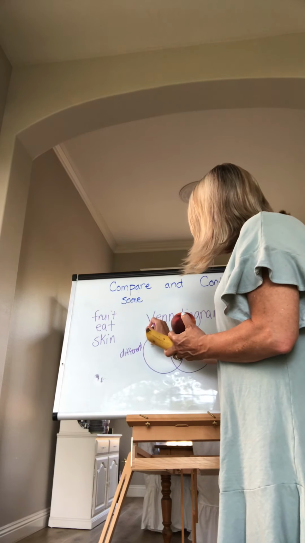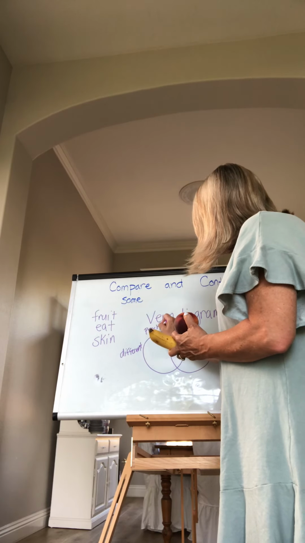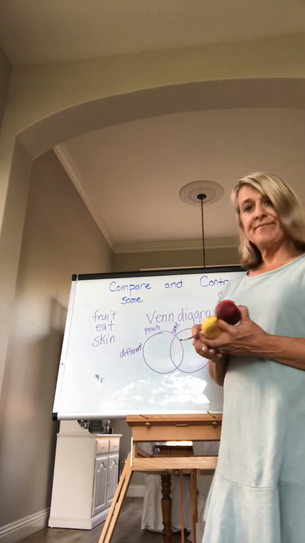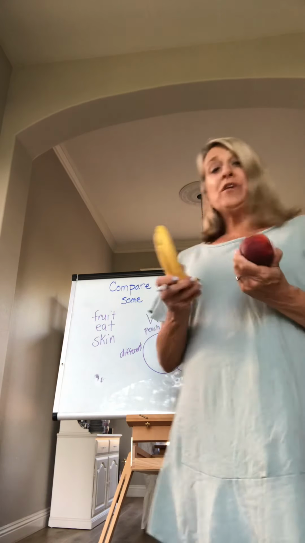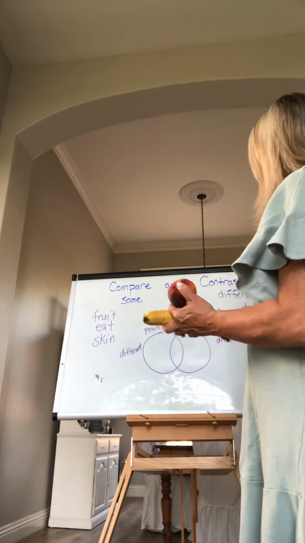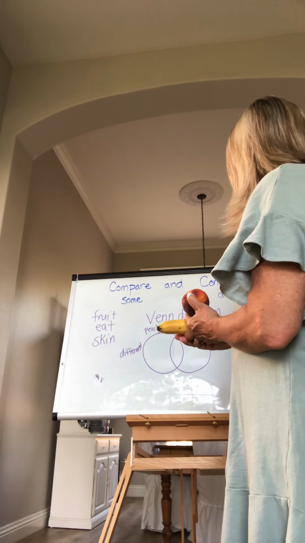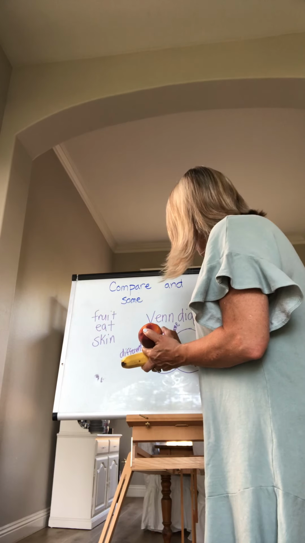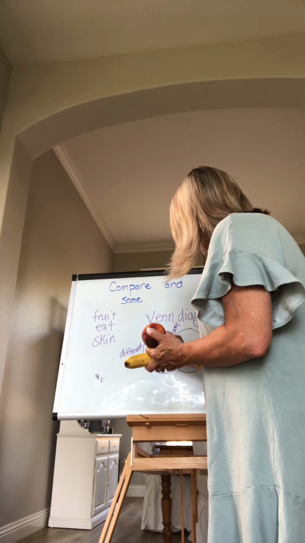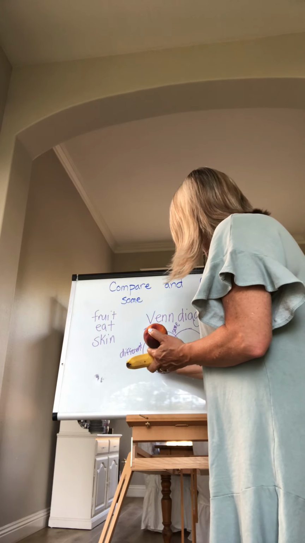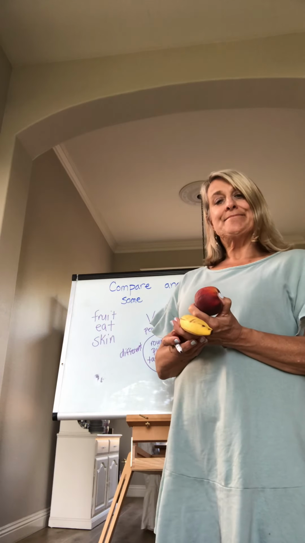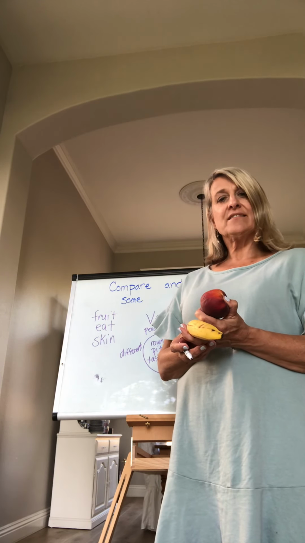Okay, so we're going to put peach and banana. All right, so we've really done all the work. We've already come up with everything. So the peach we're going to put is round, has a pit, tastes, let's see, how does a peach taste?